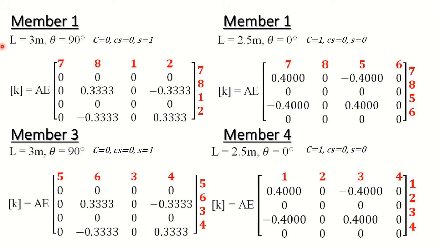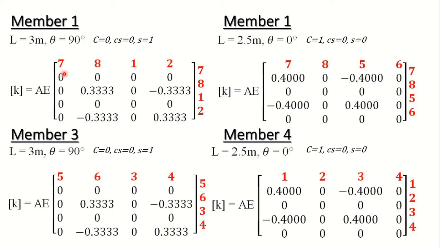Now the length of the element: the height of the truss was given as 3000 mm, so this is 3 meters. What is the angle with respect to the global x-axis? It was a vertical member, so theta is 90 degrees. For 90 degrees, cos theta comes out to be 0, cos theta into sin theta will also be 0, whereas sin theta will be 1. So we'll be taking those cos square theta and sin square theta terms.